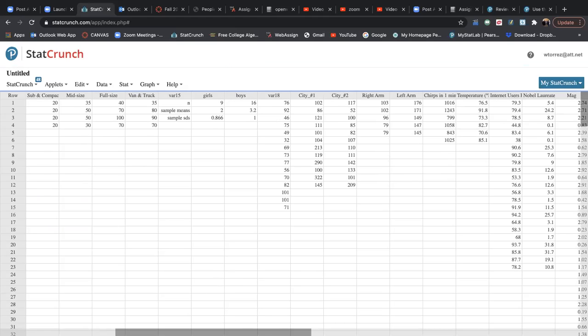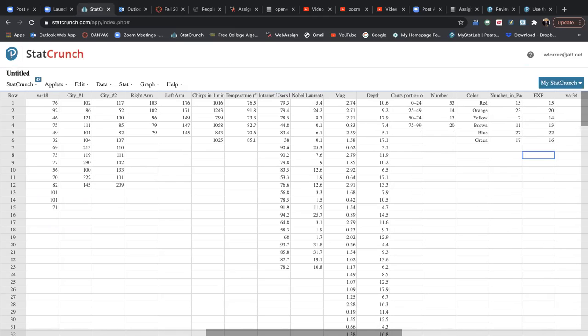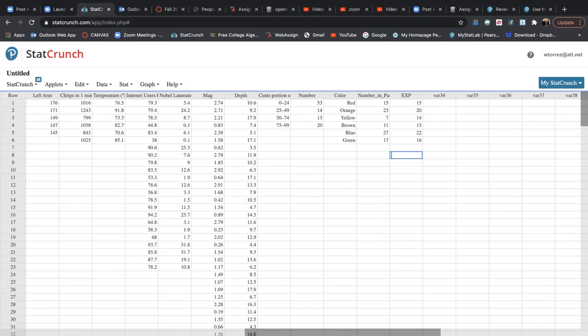Let me go over to the right side of the spreadsheet, and we'll go ahead and type the data in. So let me first type in some headers for the data columns here.